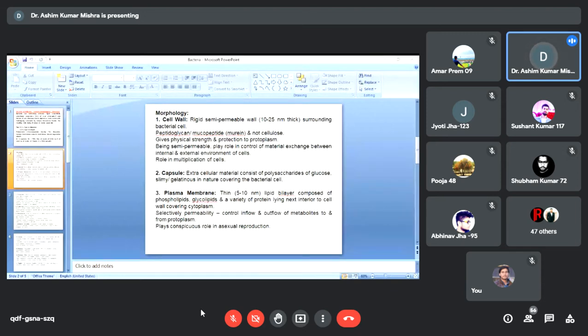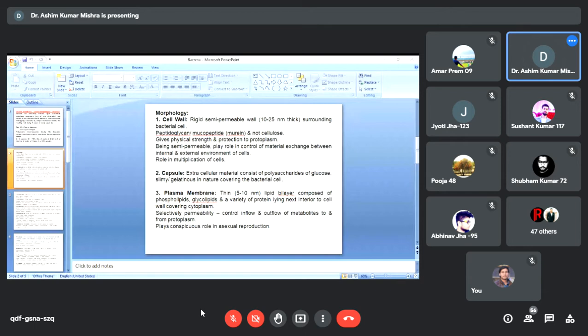Then plasmids. Have you heard the name bacteriophage? Is there any role of plasmids? Can you remember? Yes, it is also used as a vector, and plasmids you also find in the case of bacteriophage. Plasmids are extrachromosomal DNA, autonomously replicating, that is, auto-replicating in nature.